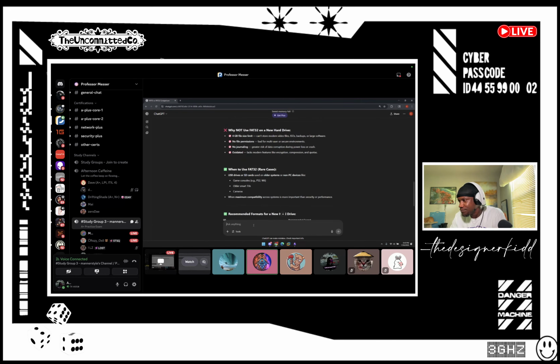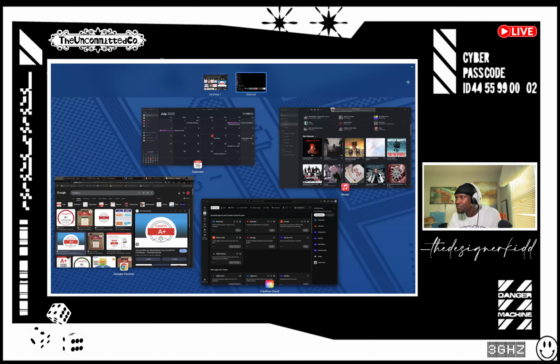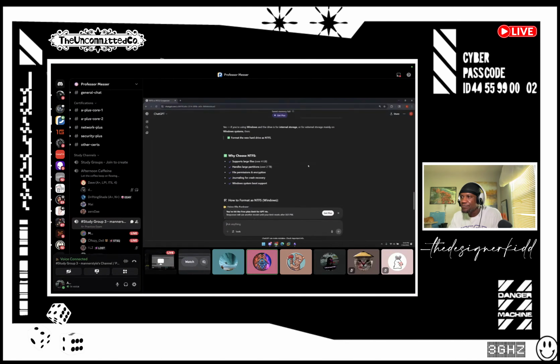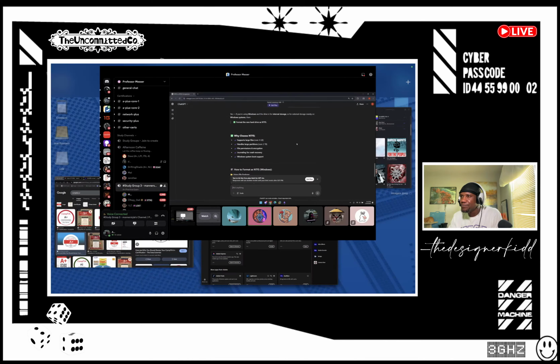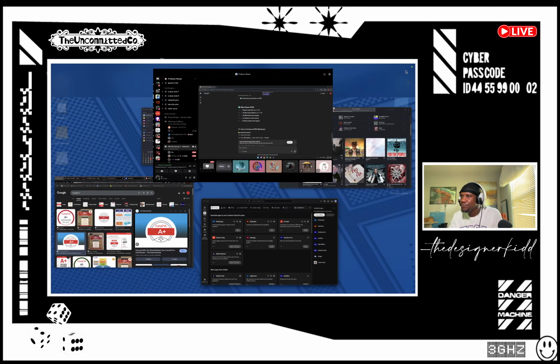So would you format the new hard drive as NTFS? Yes. If you're using Windows and the drive is for internal storage or external, mainly on Windows, you can format the new hard drive as NTFS because it supports large files and handles large partitions.